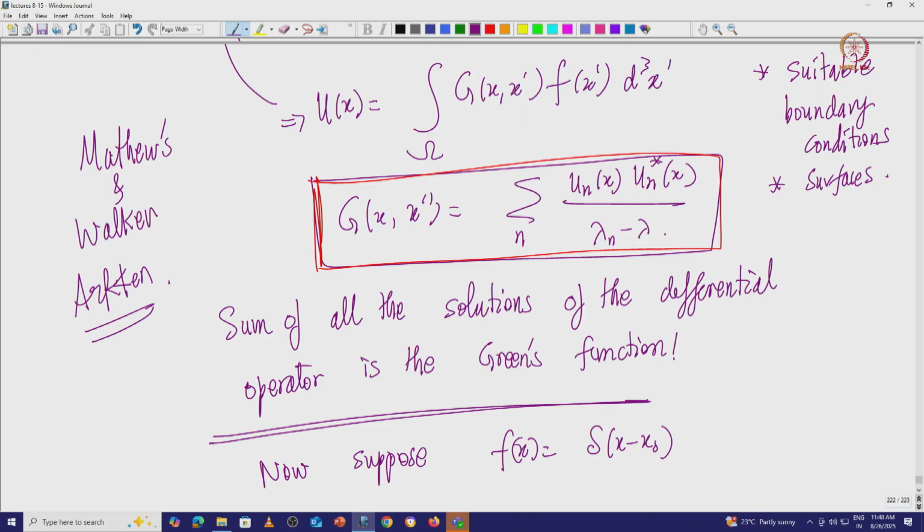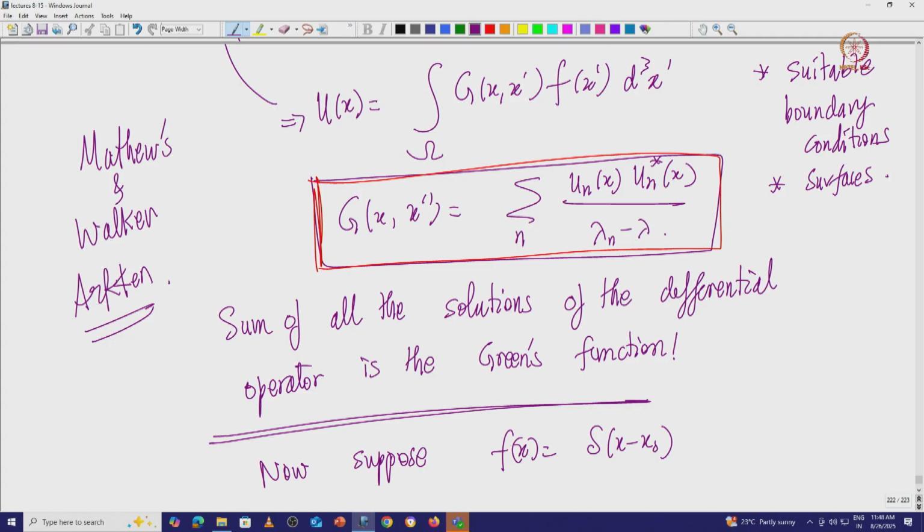This is extremely important. We will use it at various places in momentum space essentially, and that is the reason why I wanted to cover these two topics. Essentially these two topics are important, and these two properties of the Green's function are extremely important.